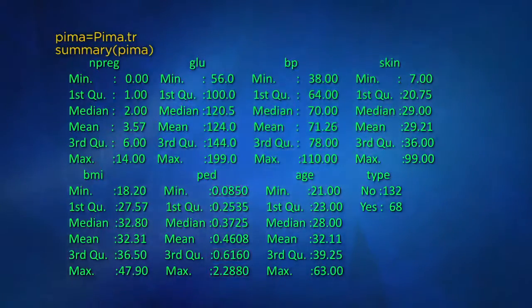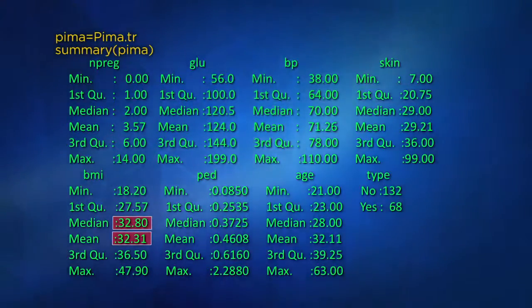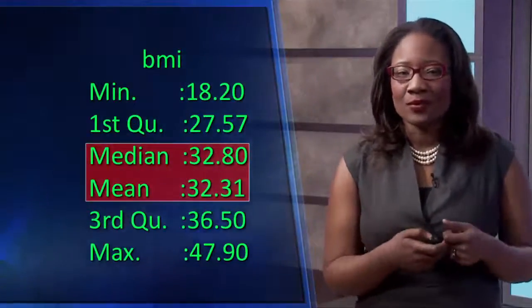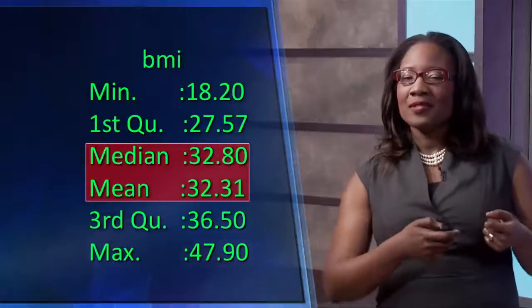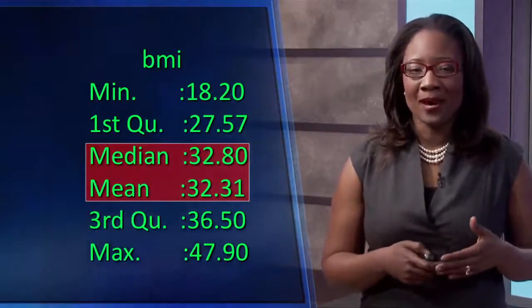Another thing I want to highlight is BMI. You see the range of BMI, but look at the median and the mean, 32.8 and 32.31. When you see a median and a mean so close together, it helps give you a little bit of assurance that there might be an underlying normal population.